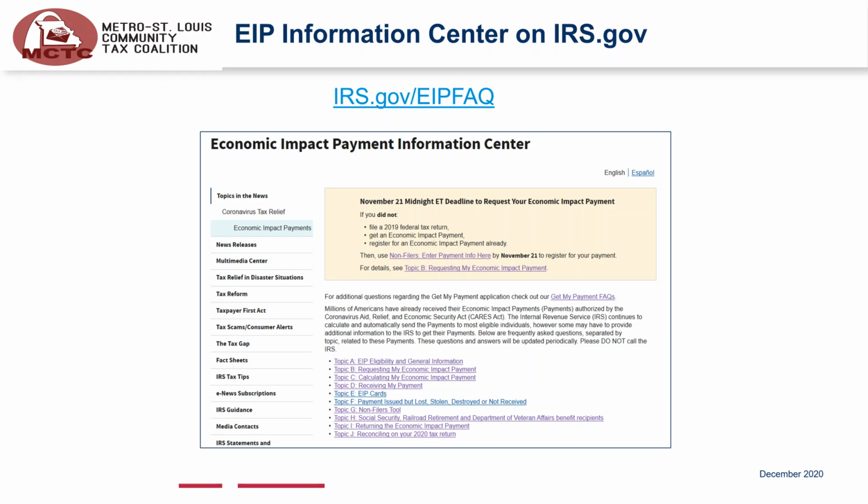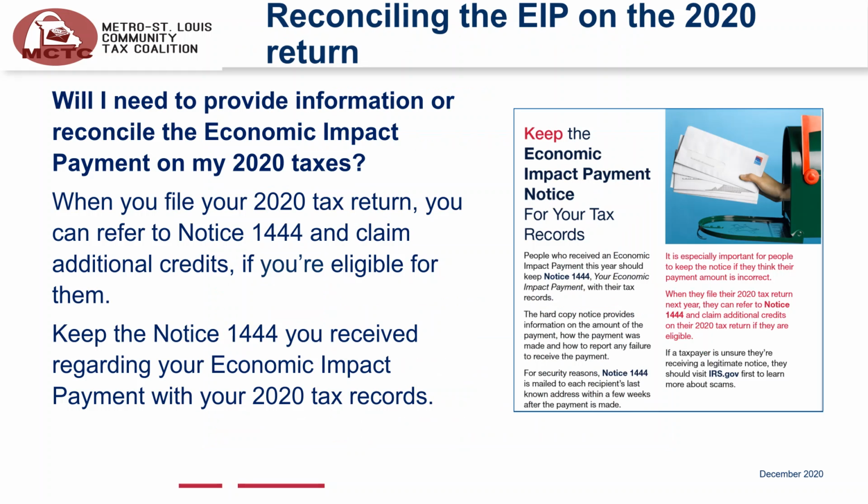This site here talks about the web page in case you wanted general information about the payment, the background, etc. Now, on this slide, will I need to provide information or reconcile the economic impact payment? What we've learned is that at the time the check was issued, a notice came out that indicated the amount, and probably part of the letter says they had to retain it for purposes of preparing their 2020 tax return.